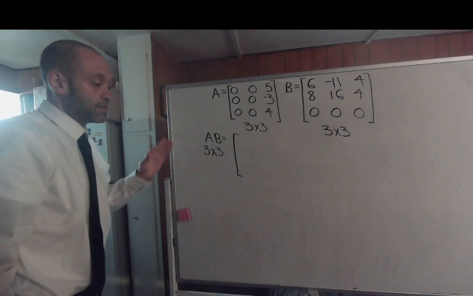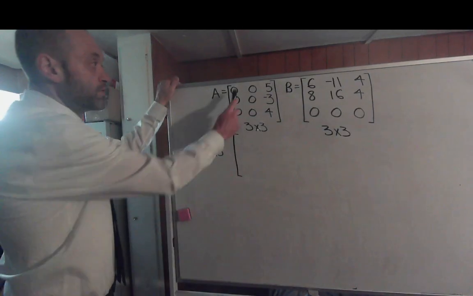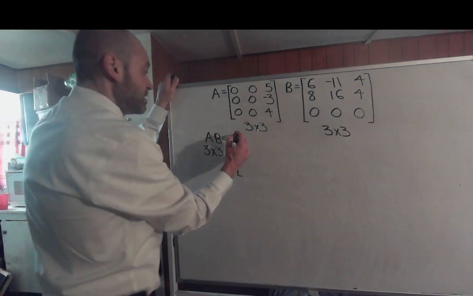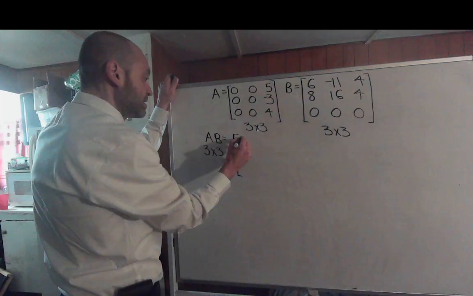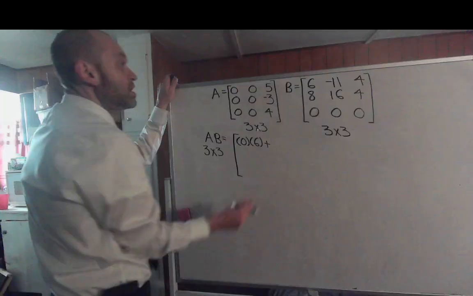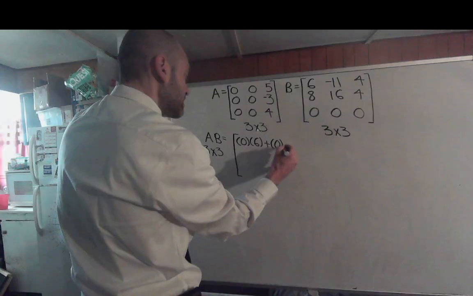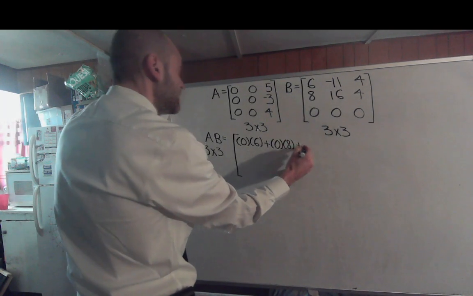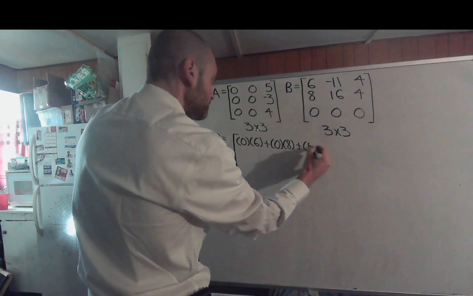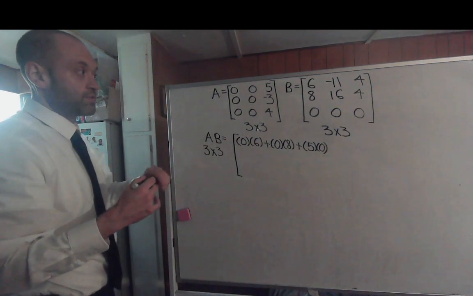Alright, so let's get the first number of the first row. Let's take the whole first row of A times the first column of B. So that's going to end up being 0 times 6 plus 0 times 8 plus 5 times 0. Alright, there's the first number of the first row.